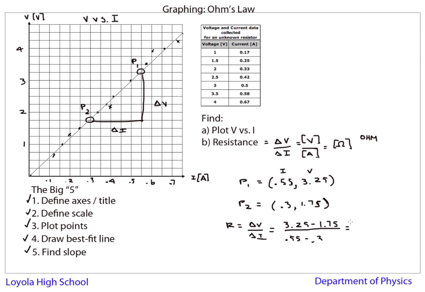If I do some calculations here, you can do that as well. That's 1.5 over 0.25, for a grand total of 6 ohms. Box your answer. So the resistance of this resistor is 6 ohms.